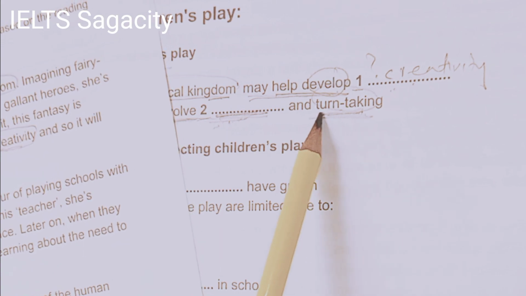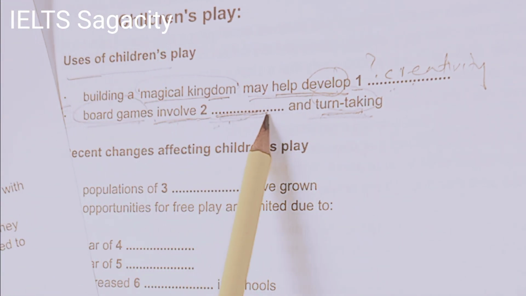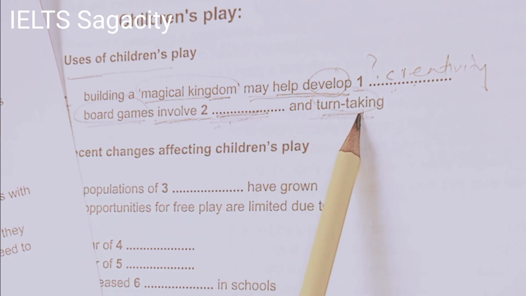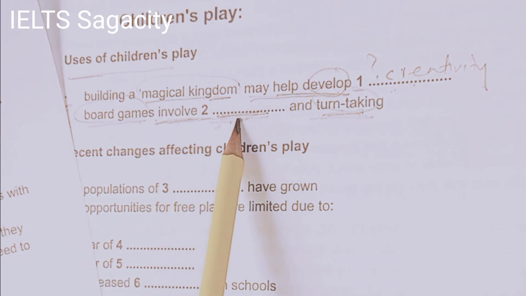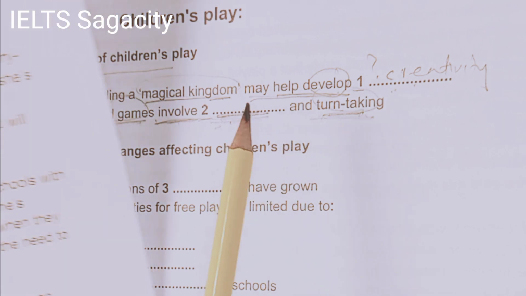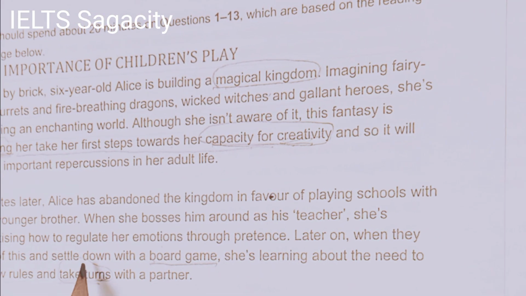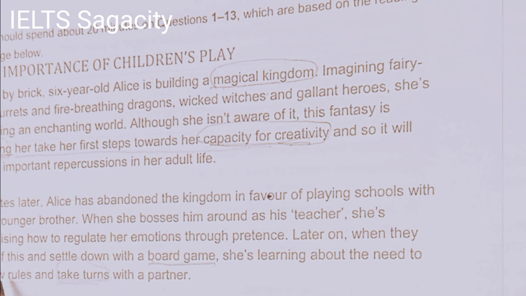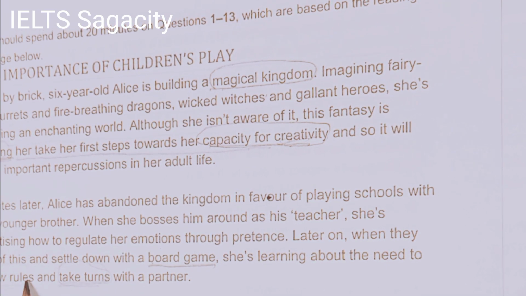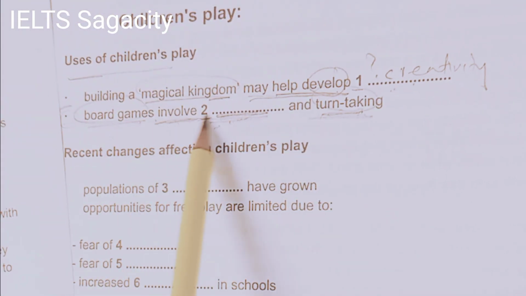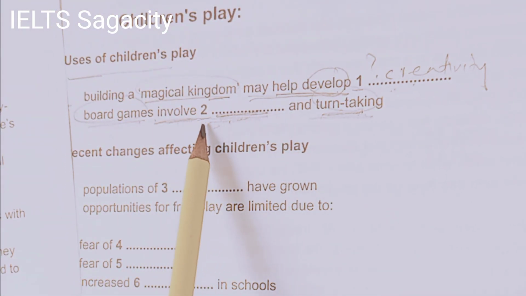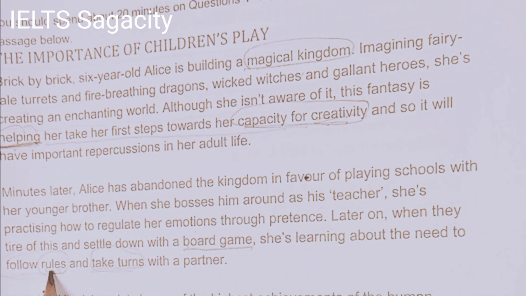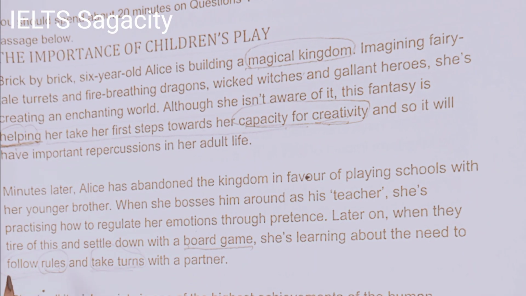And apparently we can only write a noun here, because turn taking is a noun and involve is the verb, so we need a direct object here, so that has to be a noun. So one thing is take turns, the other is rules. Now follow rules is the expression in the text, but according to the situation and the grammatical arrangement, we can only write a noun, so we'll have to look for the word rules, because rules is a noun and follow isn't one.